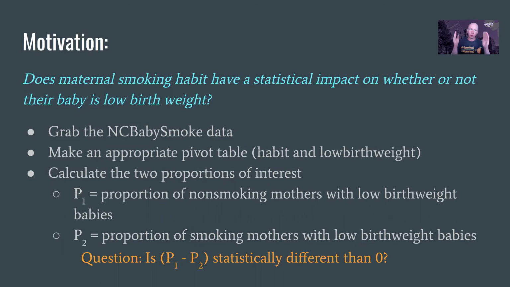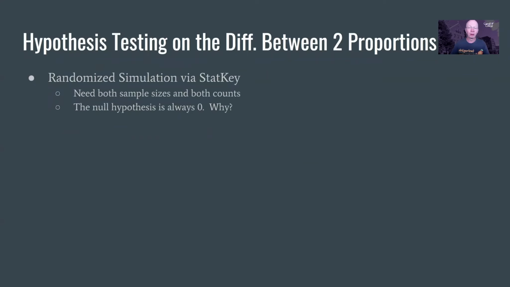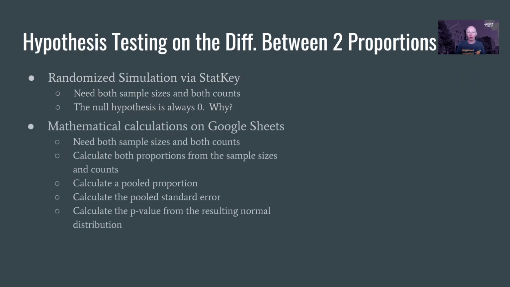And if we assume the groups are the same, then the proportion of low-weight babies in each of those groups is the same, and when you take the difference between those two, you get zero. Now, we already looked at a randomized simulation. Now let's look at the formalities of the actual hypothesis test.